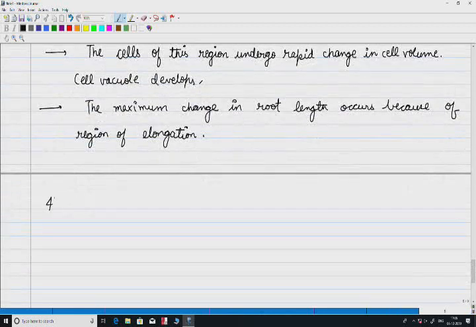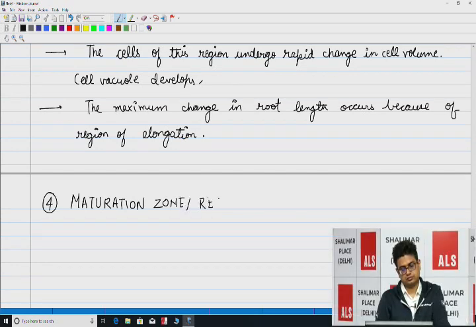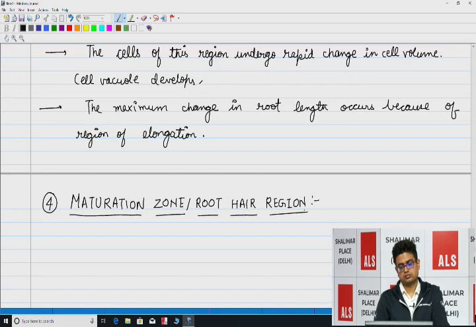Then we have the zone of maturation or region of maturation, or root hair region.